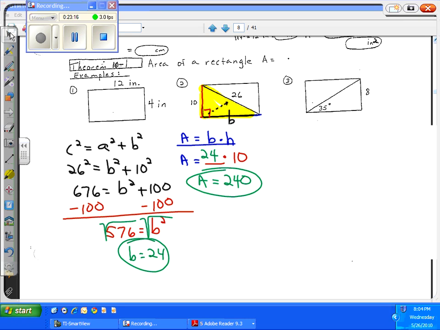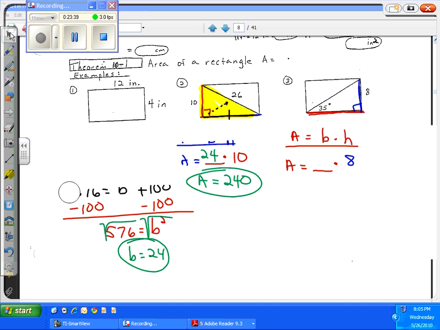Number 3. Area of a rectangle is base times height. So we get area equals base, which we don't know again, times the height, which we do know. The height is 8. We can't find the area until we find the base.